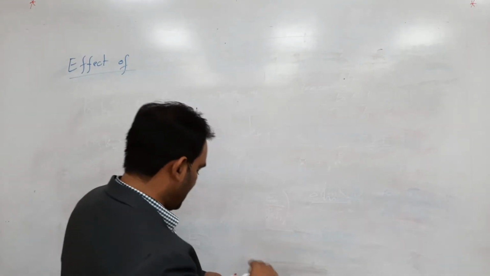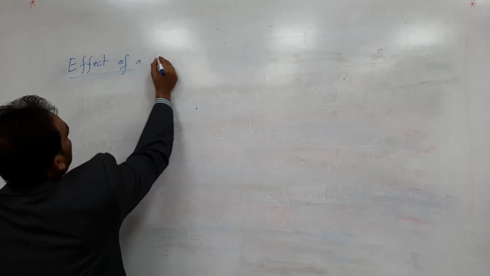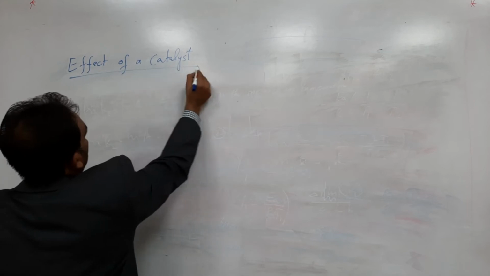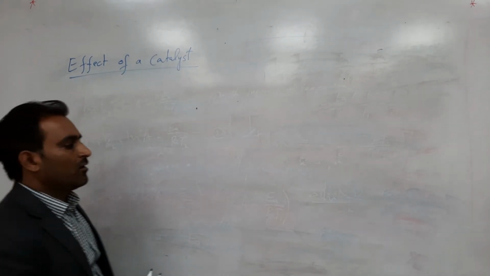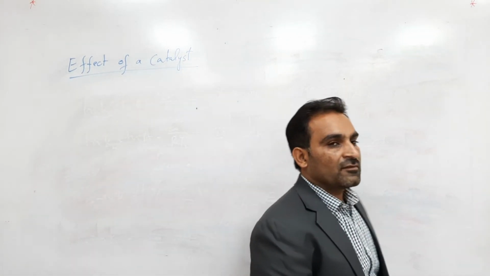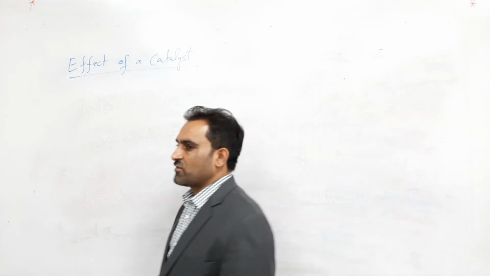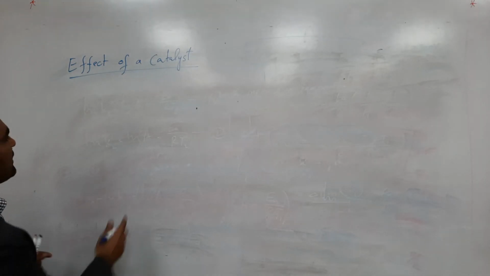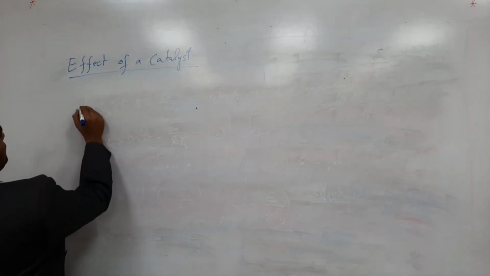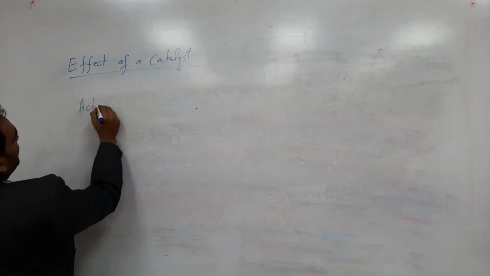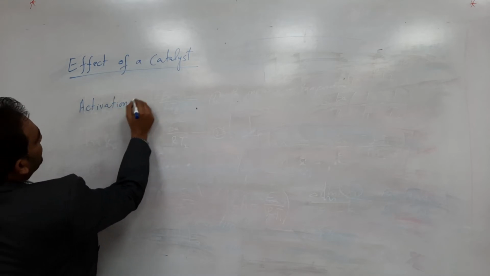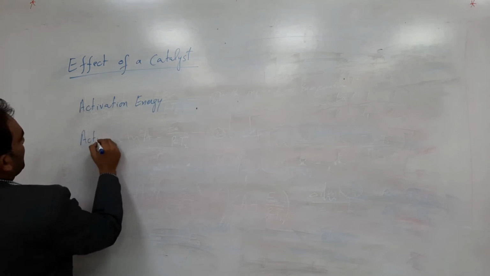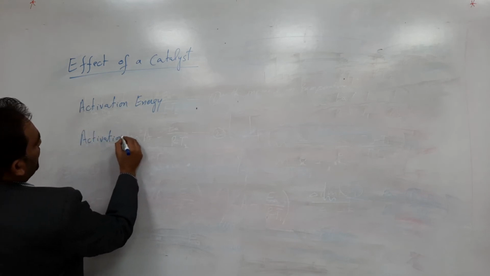Now we have the effect of a catalyst. For this particular case, we have to study how a catalyst changes the rate of reaction. For this concept, we must know the concept of activation energy and activation complex.